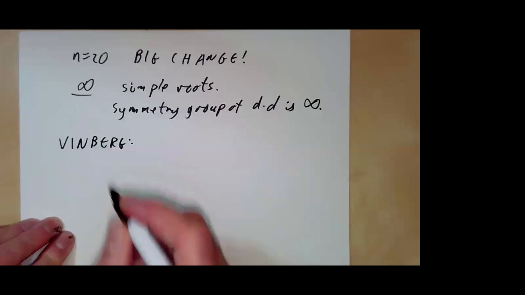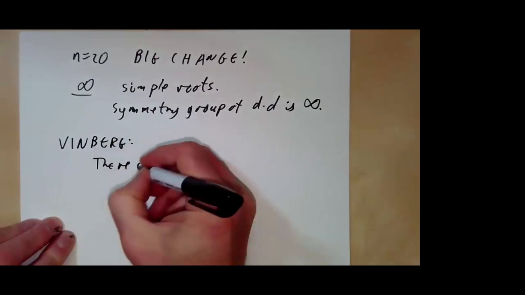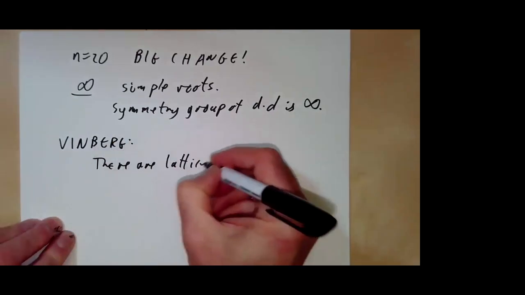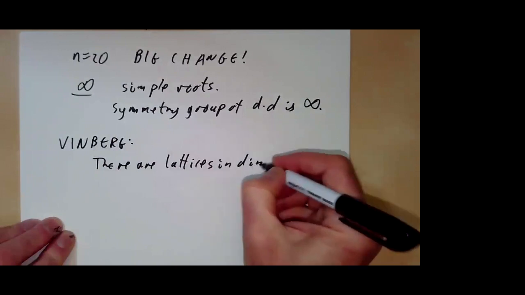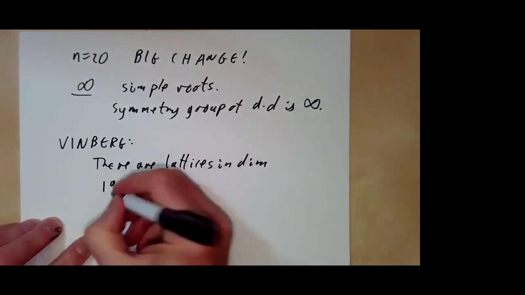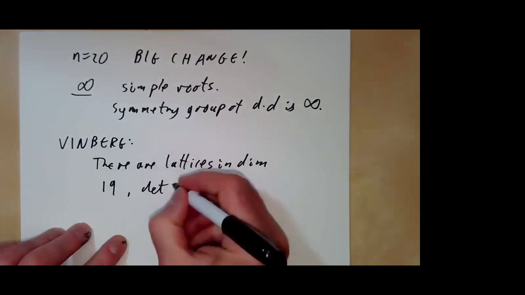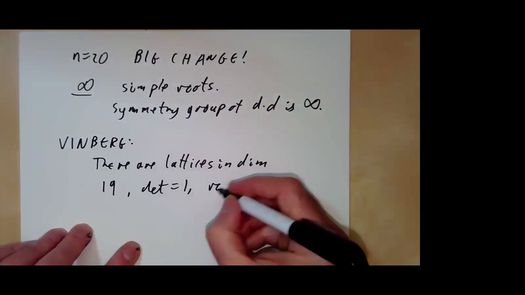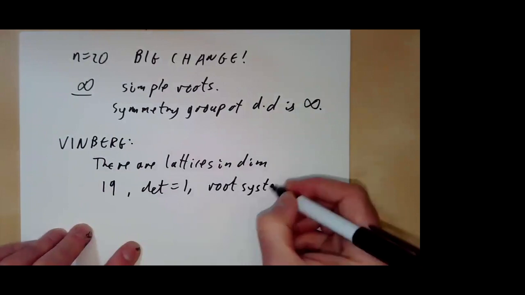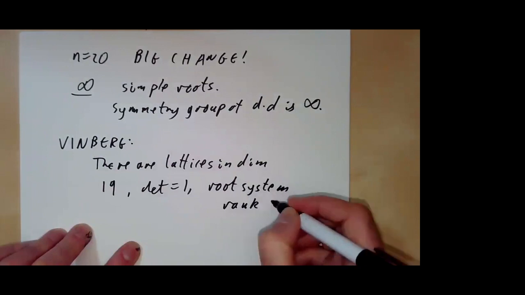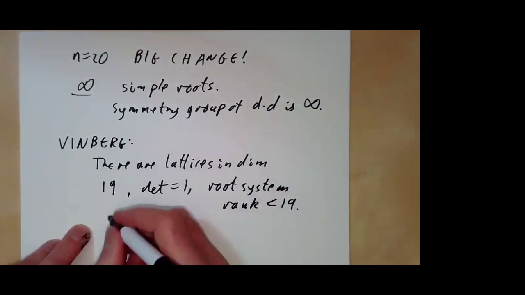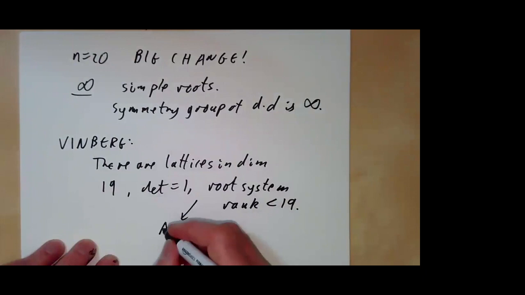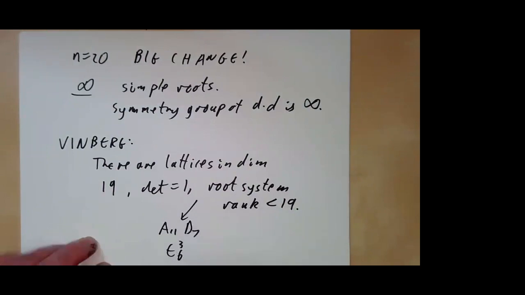is there are lattices in dimension 19 with determinant equal to 1, such that the root system has rank less than 19. In fact, there are 2 such lattices. The root system can either be A11 D7 or it can be E6 cubed. There are 2 possibilities.